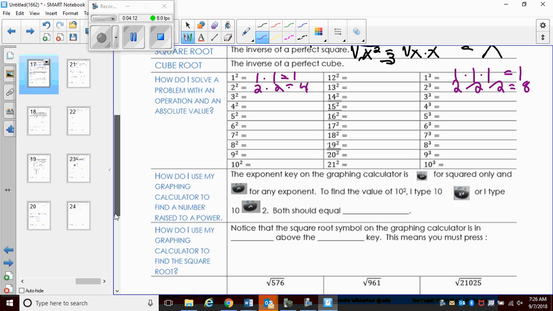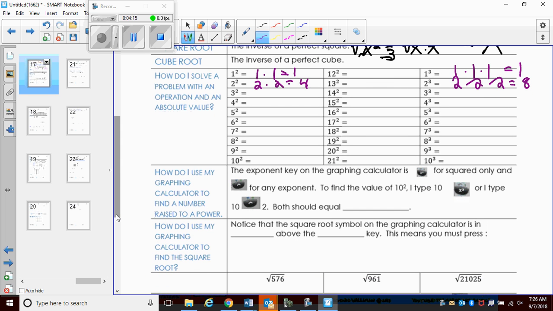Using powers is abbreviated notation for factoring.